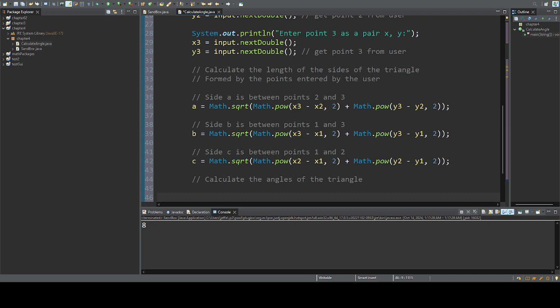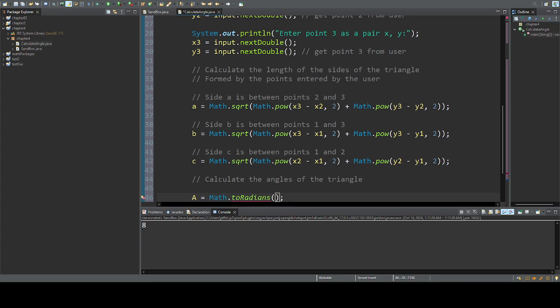So angle A is equal to math.toRadians, and what we're going to do with it is now do this calculation.